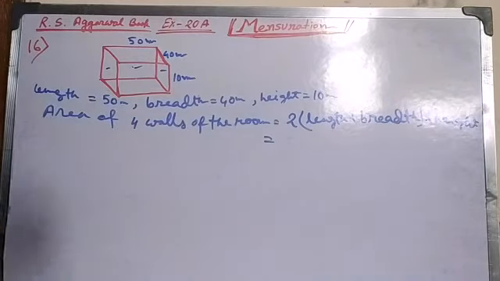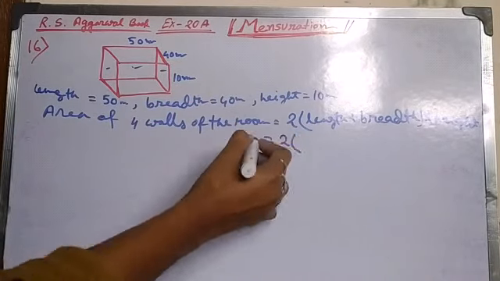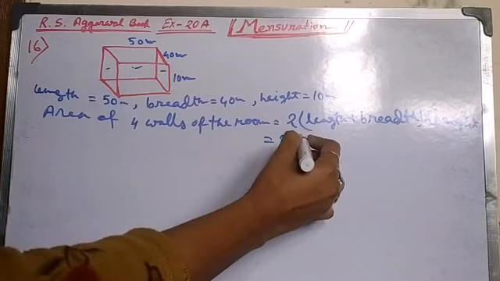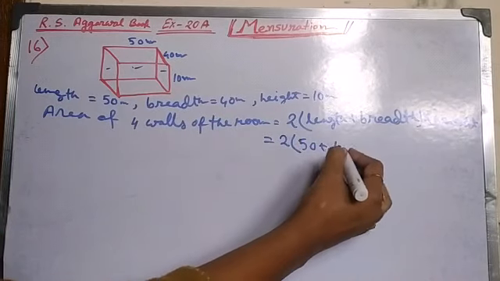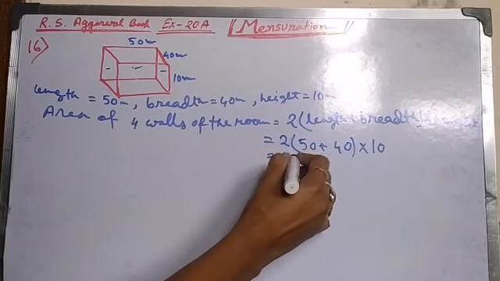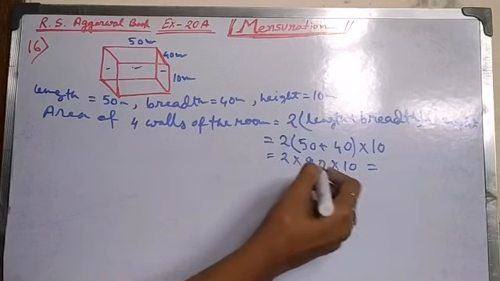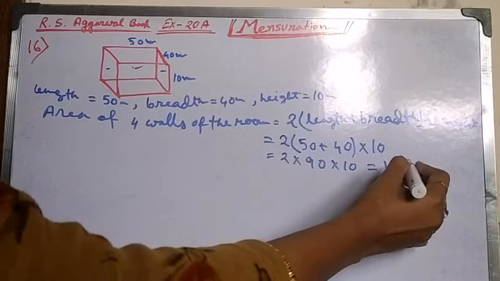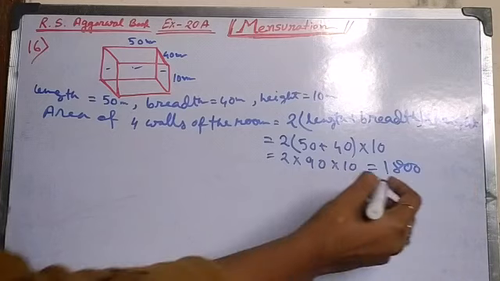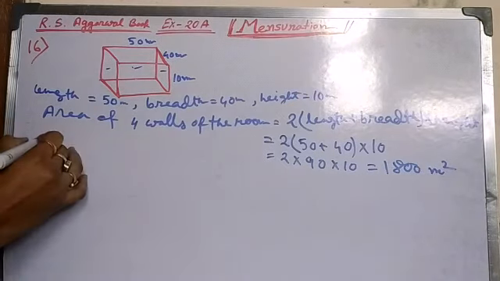So here I am putting the values of length, breadth and height. Length is 50, breadth is 40 into height 10. That means 2 into 90 into 10, that means 1800 meter square. That is the area of the 4 walls.